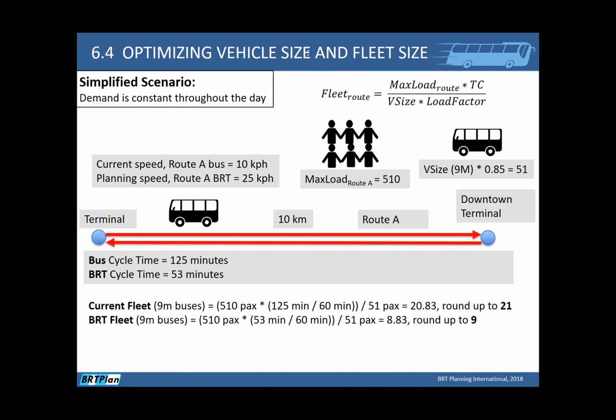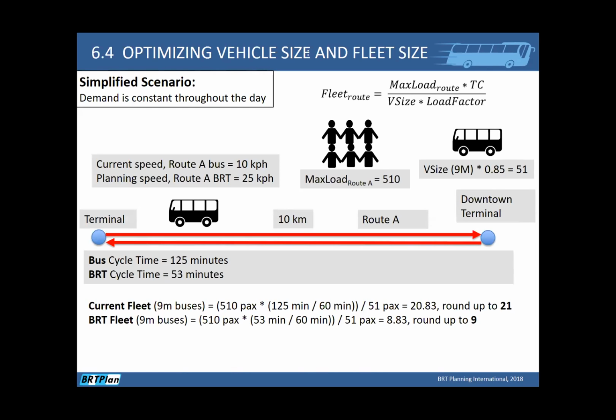So the fleet, as a first pass, you're probably going to do what most people do, which is you're going to take the maximum load for that service, for that route, and you're going to multiply it by the cycle time, which we explained, and you're going to simply divide that number by the vehicle's capacity adjusted for the load factor.